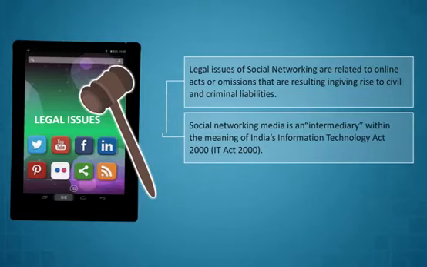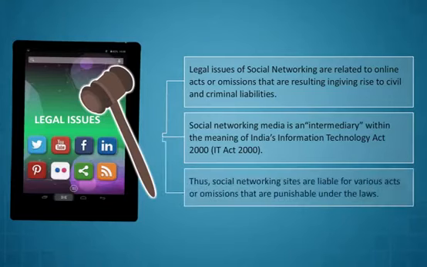Thus, social networking sites are liable for various acts or omissions that are punishable under the laws. For instance, social networking sites are liable for online IPR violations, including online copyright violations in India.